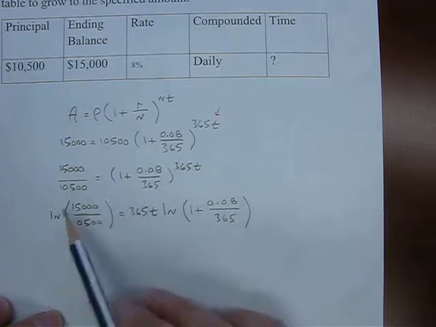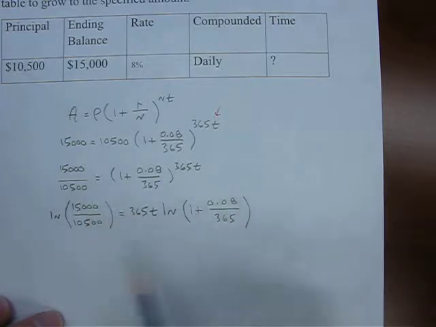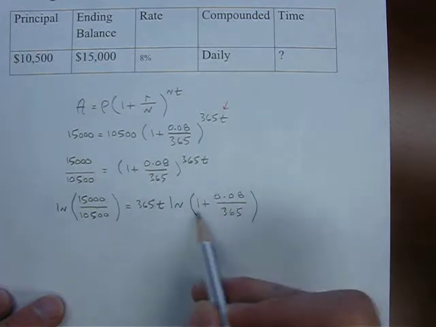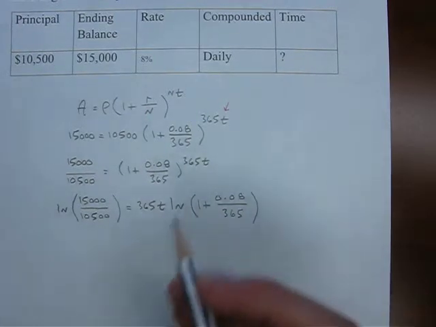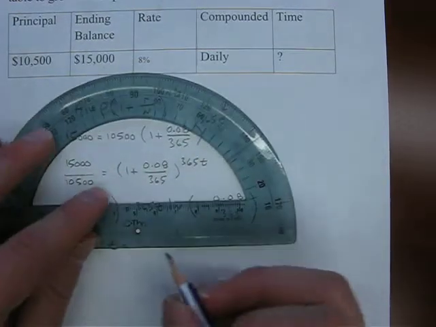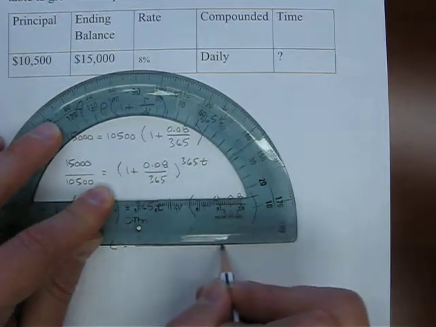And I'm not worried about what any of these numbers are right now. I'm going to use my calculator in the end. I'll divide by 365 and that. So that will get me the t, the time, by itself, and give me an answer. So here's my answer.